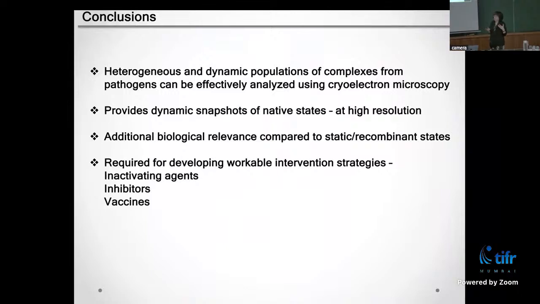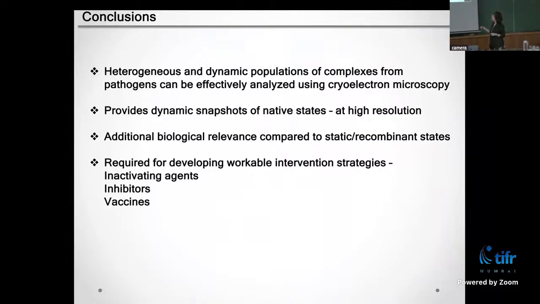But what we are able to generate are dynamic snapshots of native states of proteins, which are very important if one is trying to develop inhibitors. A lot of our inhibitors fail when we try to convert them to drugs, and there are many reasons for this, but one of the small reasons could be that we're working on recombinant protein, which is not giving us all the information that native protein might.